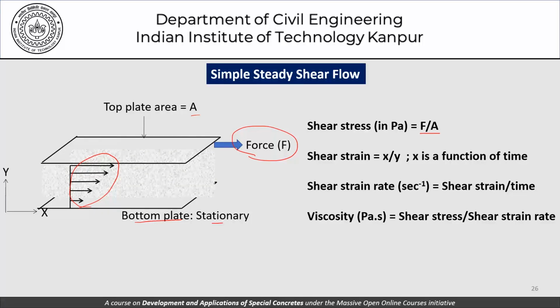The shear strain is x upon y, with x being a function of time, and the shear strain rate, which is per second, is the shear strain versus time, and the viscosity is defined as the ratio of the shear stress and the shear strain rate. So that's how we analyze a simple steady shear flow.